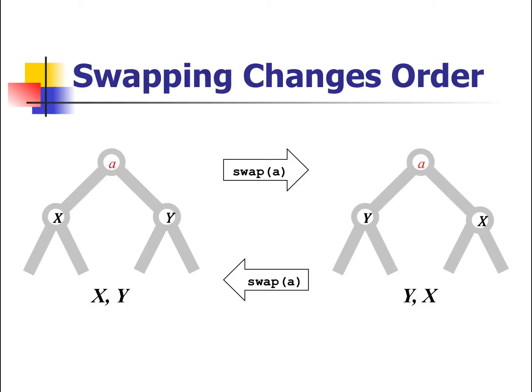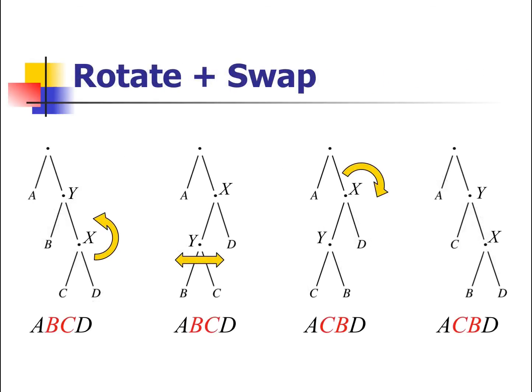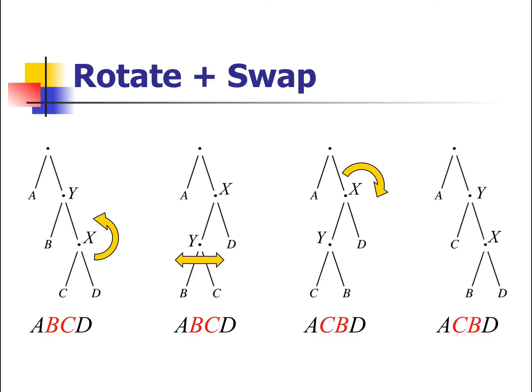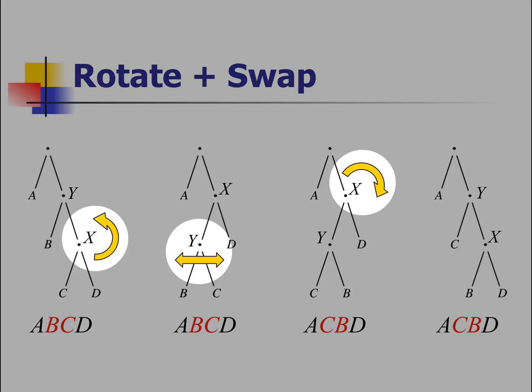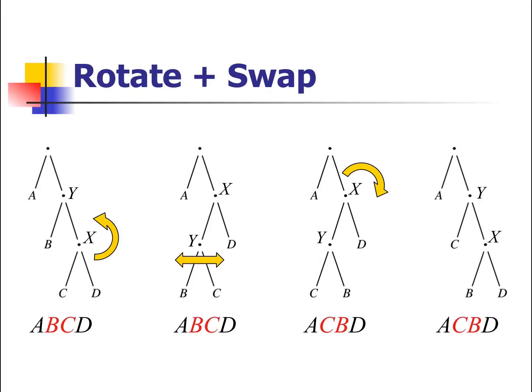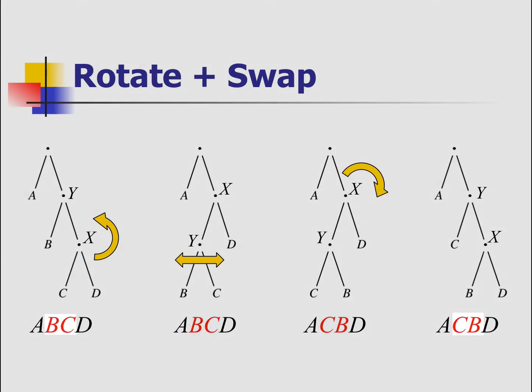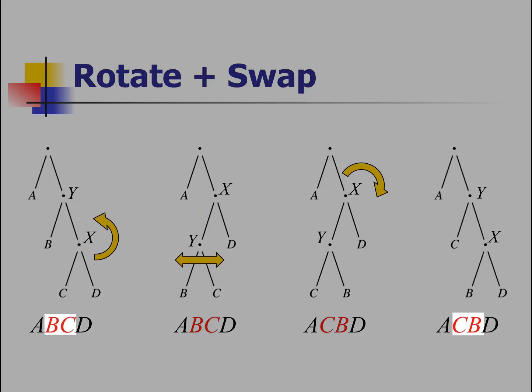And as it turns out, by mixing swaps with left and right rotate, we can now navigate the full space of Vtrees, not just the dissections of a particular variable order. This is a simple illustration showing how we start on the left with a Vtree that dissects the variable order A, B, C, D, and doing 3 operations that allow us to eventually get a dissection, but for the variable order A, C, B, D. That is, we swapped the variables B and C in this particular case.